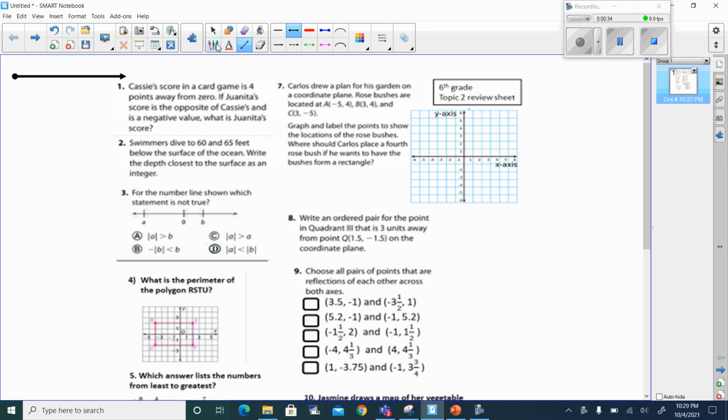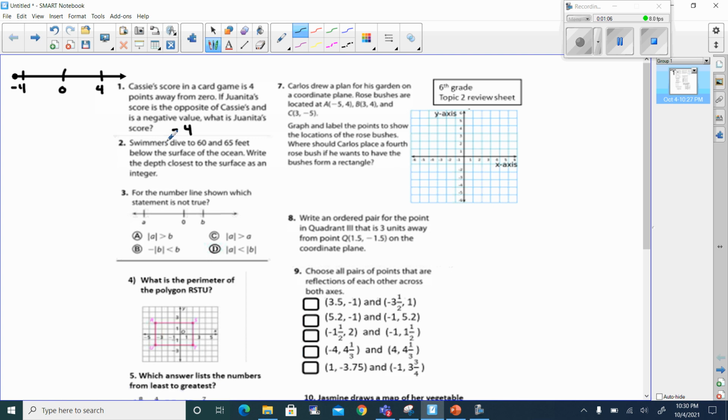If we have 0 here, and we've seen that her score was 4 away from 0, that would put her at 4. If Juanita's score is the opposite of Casey's and is a negative value, that would have to make it a negative 4. What is Juanita's score? Well, that's right there, negative 4.